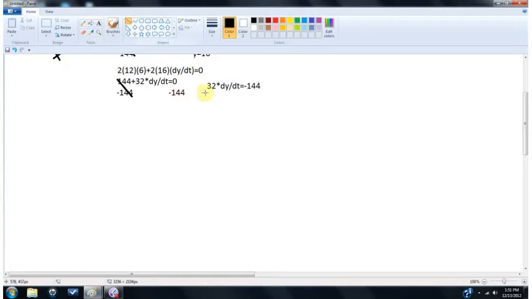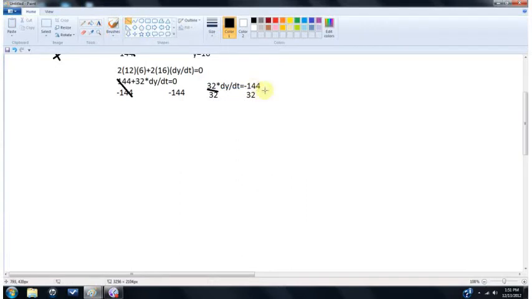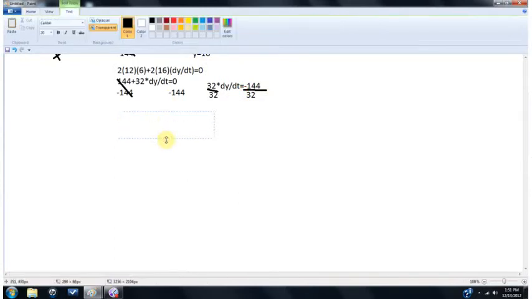And we divide by 32 on both sides. And the answer to our dy over dt is equal to negative 144 over 32.